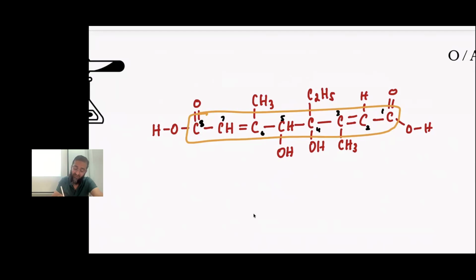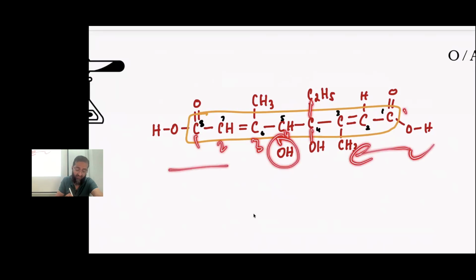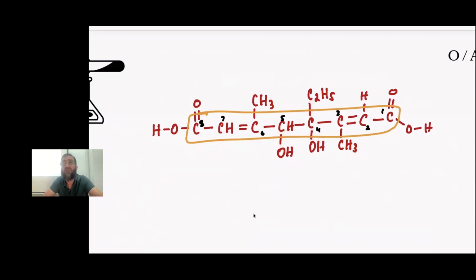Over here on carbon number 4, you get 2 functional groups, right? But if you start from the other side, 1, 2, 3, and on 4 you get only 1 functional group. So that's why numbering from this side is correct and numbering from the other side would be considered wrong. Is this clear? So who's going to tell me the name?